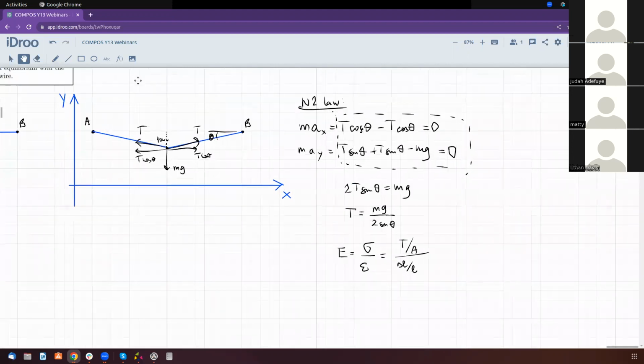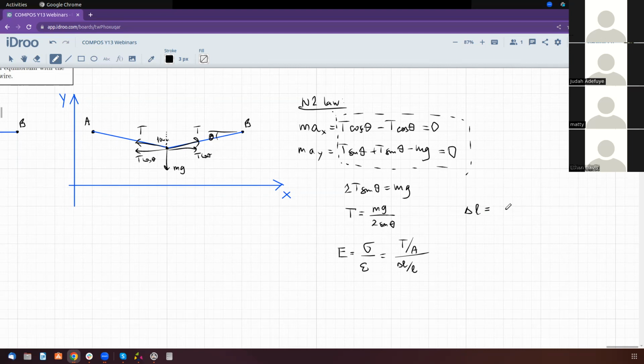So we know the tension, we know the cross-sectional area, we need the extension. The extension, delta L, the extra length, is the difference between the new length and the old length.